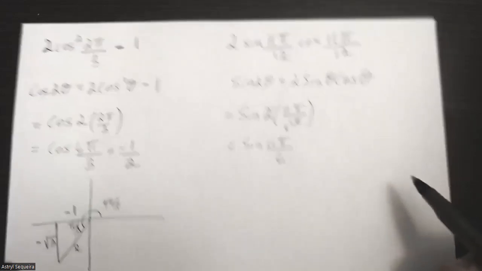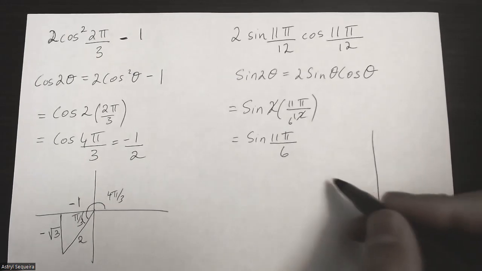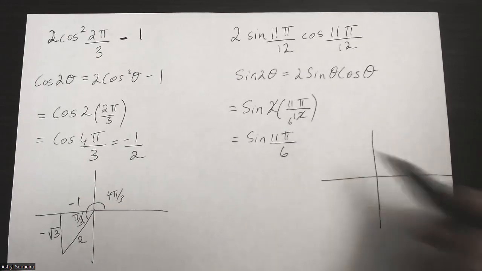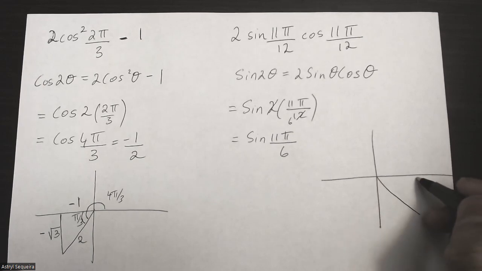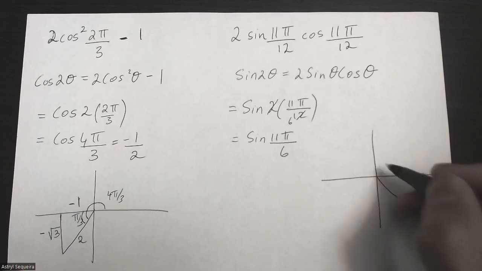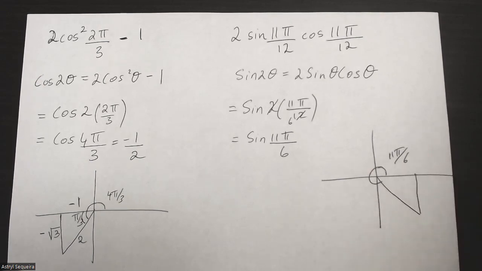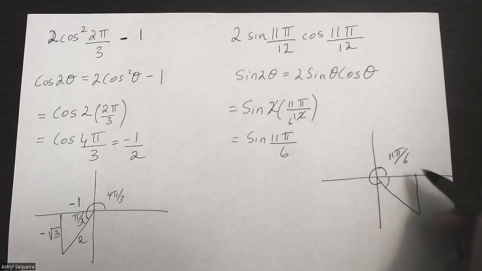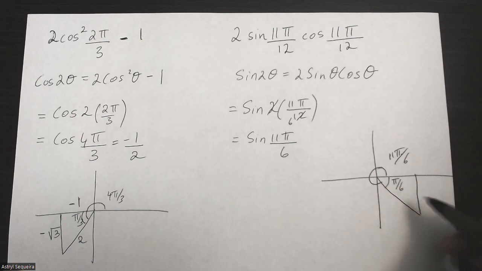And now again, I can use my special triangles to solve this. 11 pi over 6 I know is in quadrant number 4 over here. The principal angle is 11 pi over 6. So the acute angle over here is 2 pi minus 11 pi over 6, which is pi over 6.